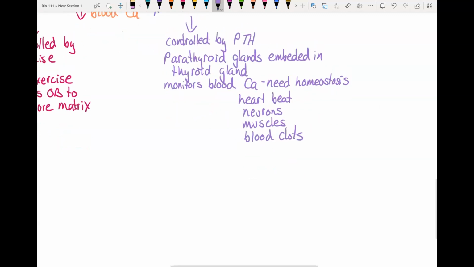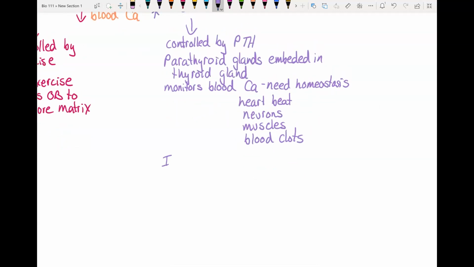So if your blood calcium is low, then your parathyroid gland will secrete parathyroid hormone. And parathyroid hormone will stimulate your osteoclasts to dissolve more bone.